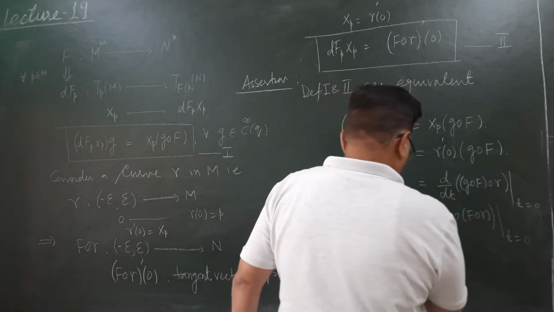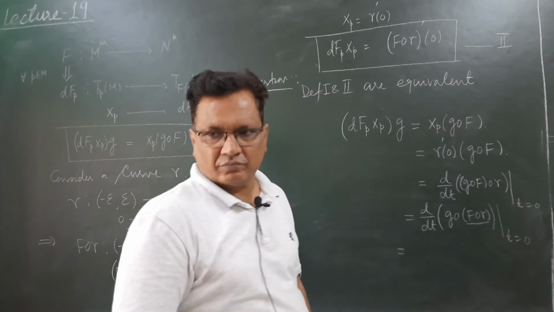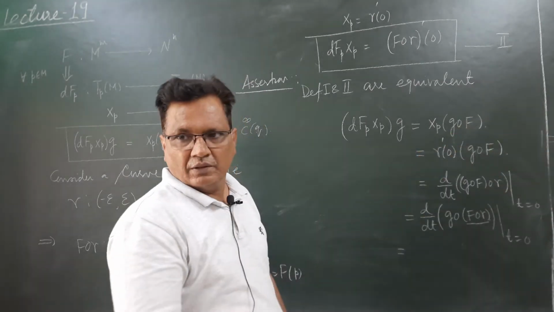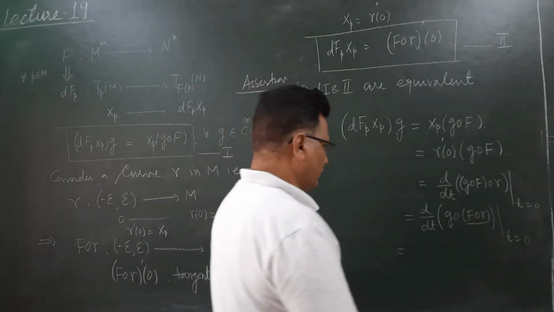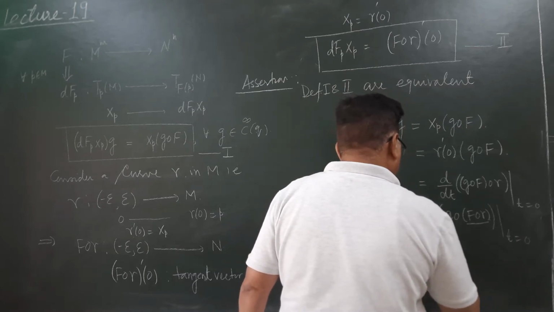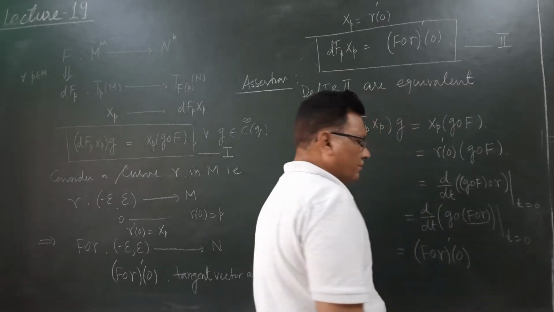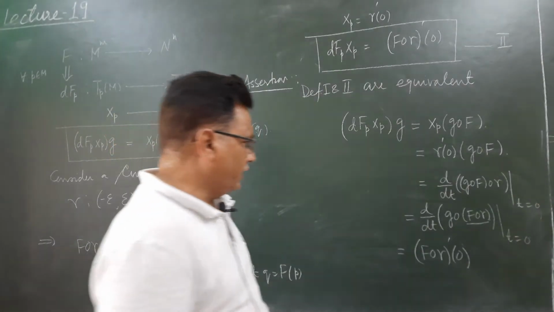Now look at this. F composition gamma is a new curve. F composition gamma is a map from the interval to N. So this again, once again by definition, is F composition gamma dash 0 operating on G also.